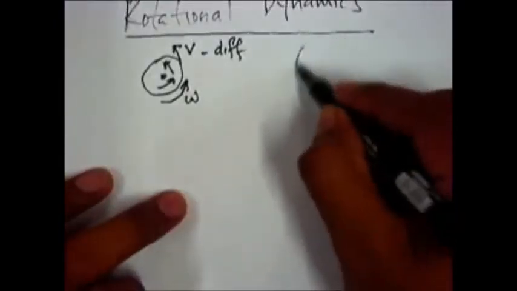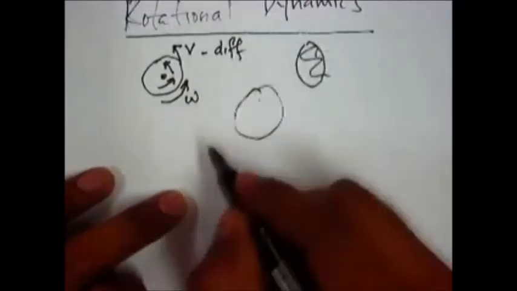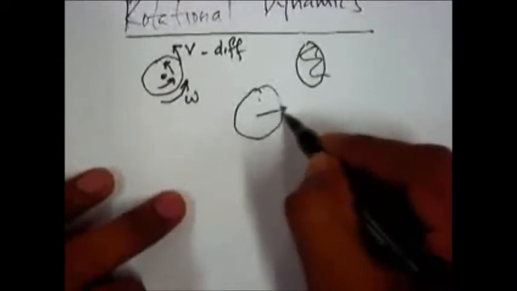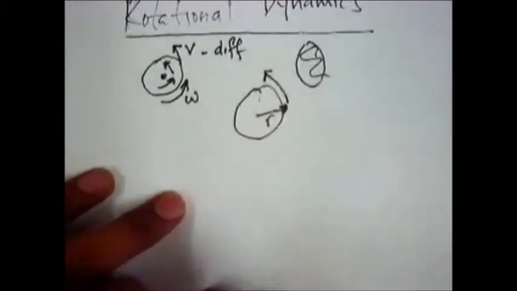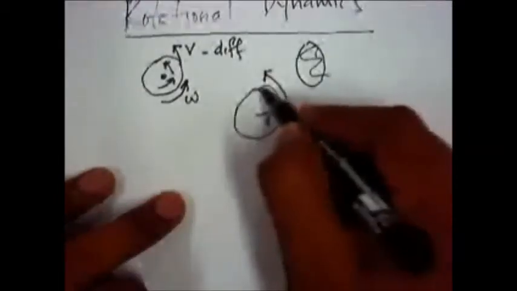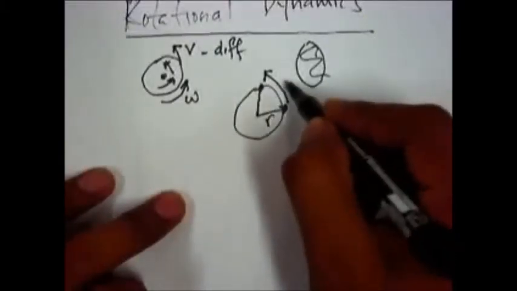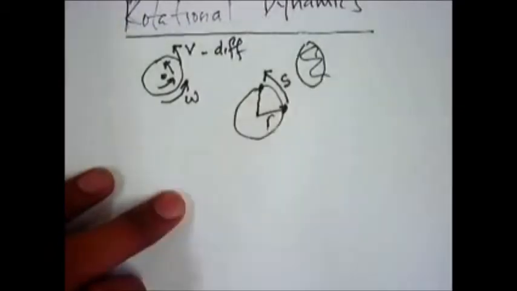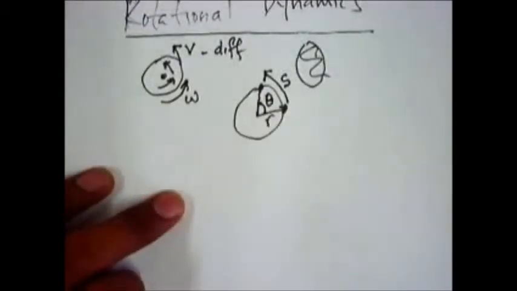So the most basic formula is derived from the fact, if you have a circle that has a radius r, and if you start at that point and you travel like that around the circle, the distance you cover, a linear distance, is the circumference of the circle, and the angular displacement is that symbol there.